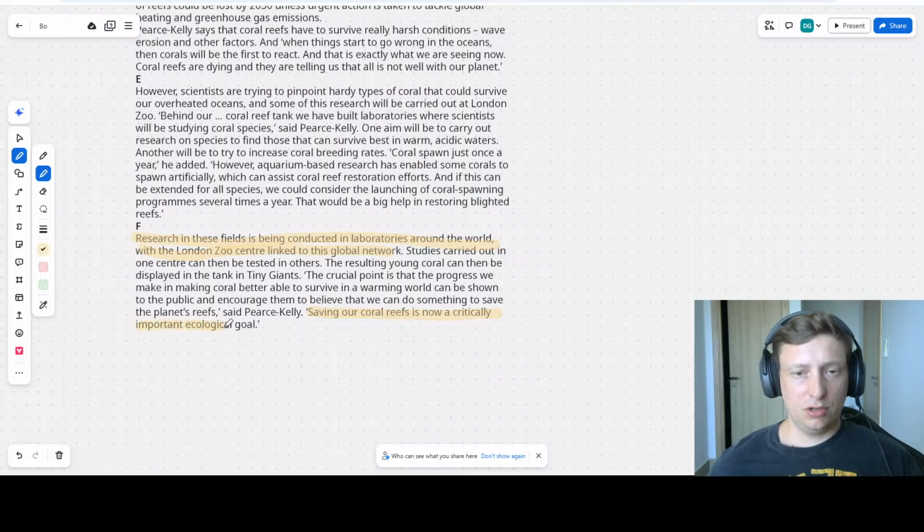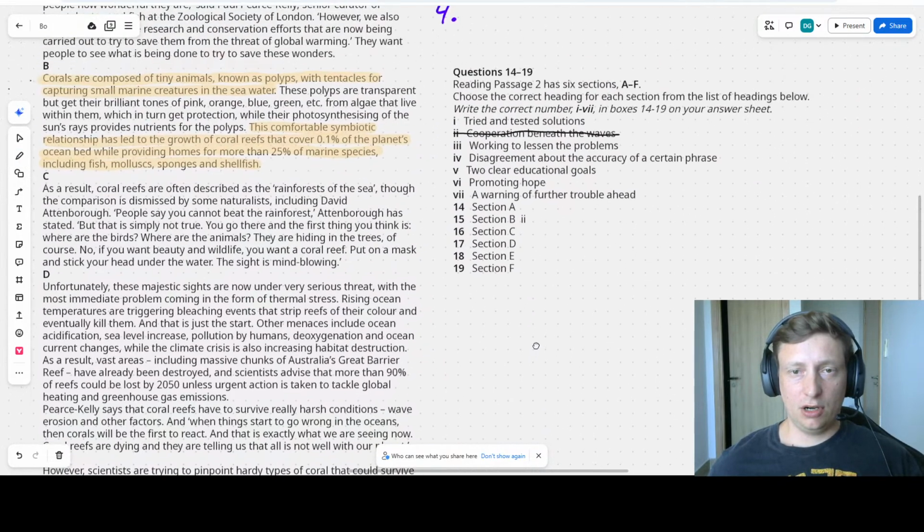important ecological goal. This seems to be joined to this sentence here, but let's see if we can just do it with this. This is a good example of why matching words doesn't work. So we have the word goal here, right? So you might see, oh, I have goal there, so the answer must be V or 5, because here is goals.